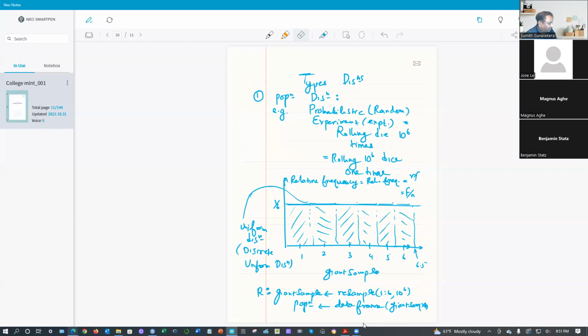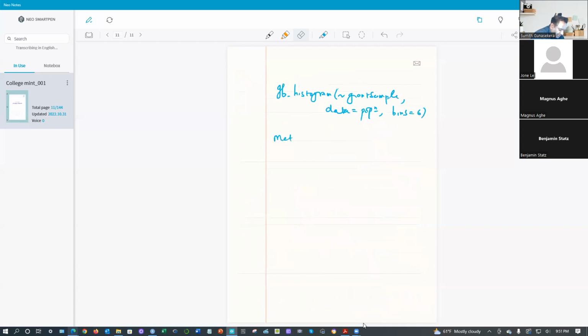Now you really need to find the mean. That's the one I really want to find, the mean of this population, because I have already drawn the population distribution. How do you find it? Let's go to method 1. You're going to find the mean of the giant sample.